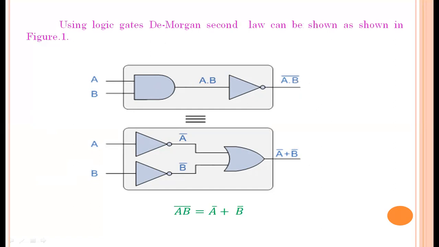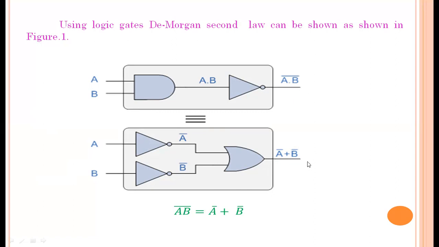The second part is A bar plus B bar. A bar needs one NOT gate, whose input is A and output is A bar. The second input is B, and the output of its NOT gate is B bar. The plus requires an OR gate, so an OR gate is used here, giving A bar plus B bar.